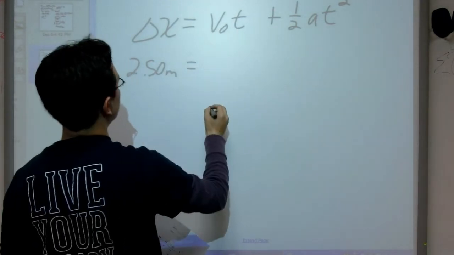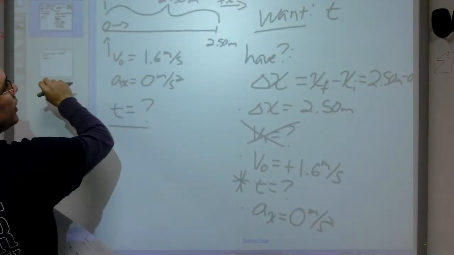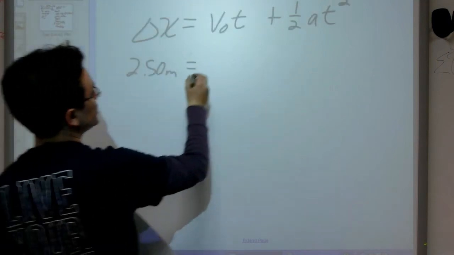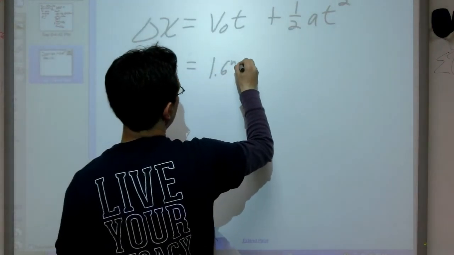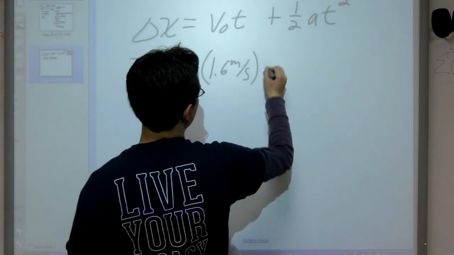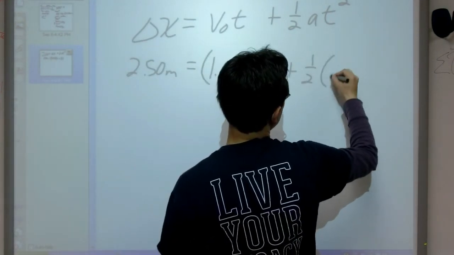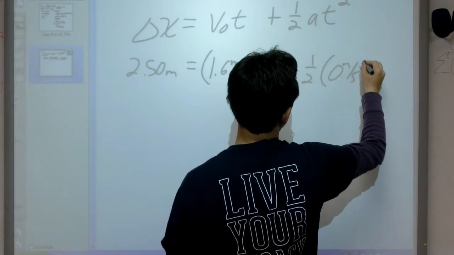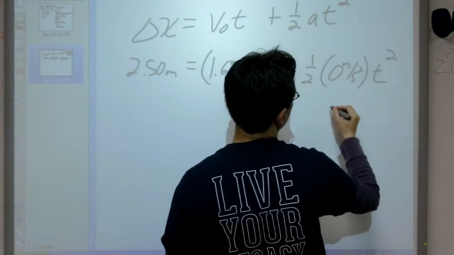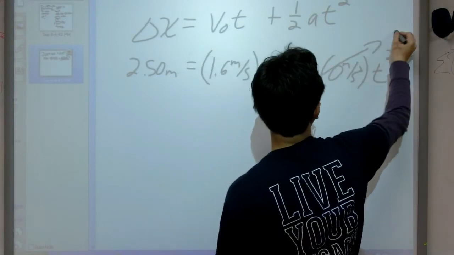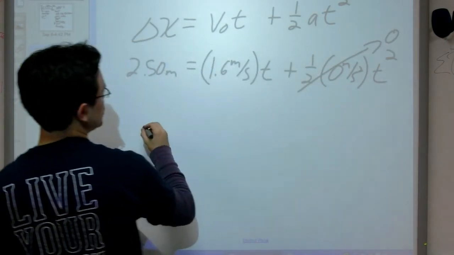That equals our initial velocity, 1.6 meters per second, times our time plus 1/2 times 0 meters per second squared times time squared. Since that's 0, the whole term goes to 0 and makes our math much easier.